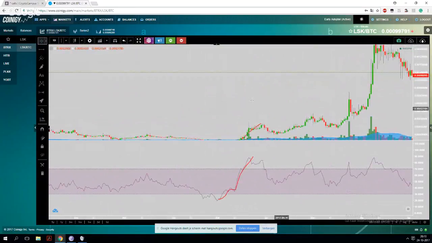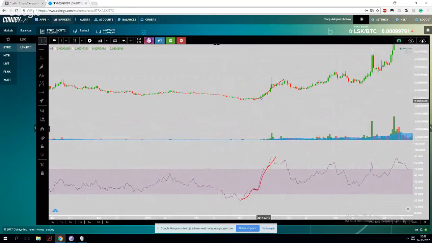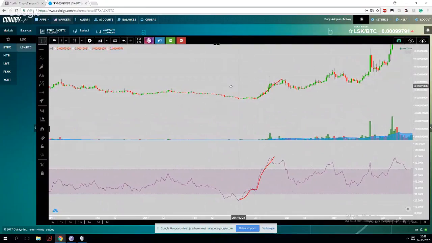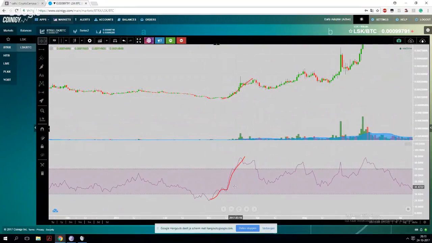And if I zoom in on the price here, so this was the start of the bullish trend. And how could you have recognized this? It's very easy. The price remained stable, so it didn't really change. But the relative strength index, on the other hand, started making a move upwards.